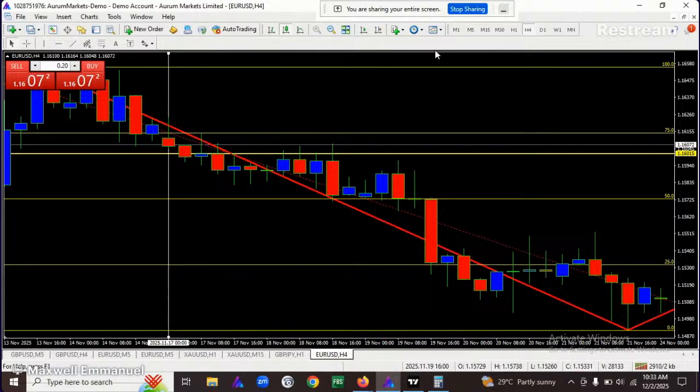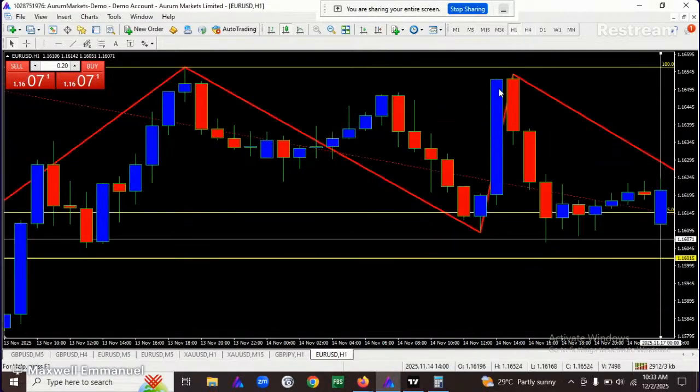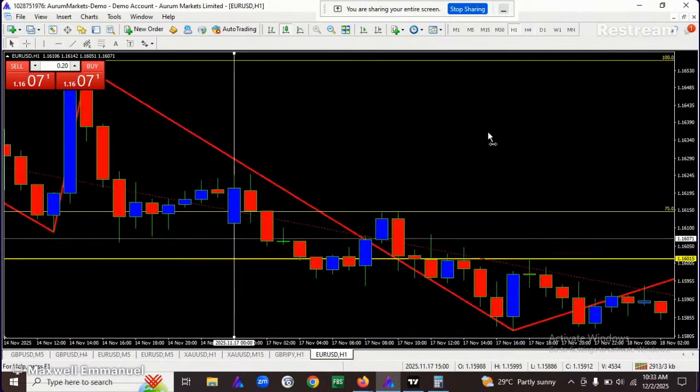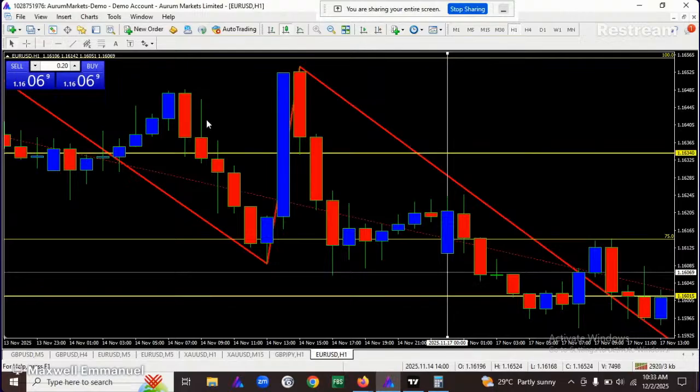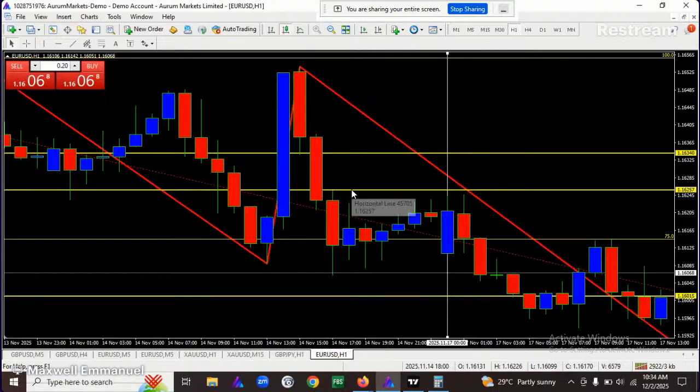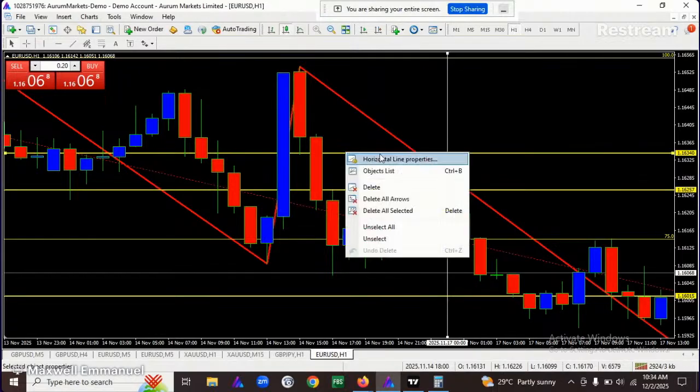Let's see 1 hour. It's most likely we had a fair value gap. So you can see also we had this fair value gap. So that could also be the reason price broke out from.